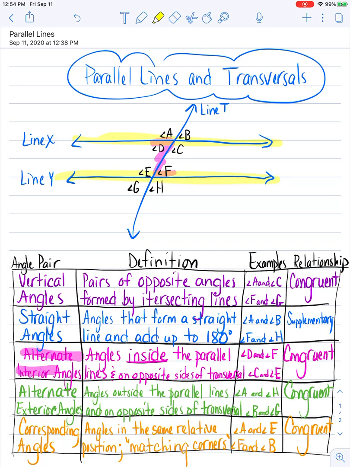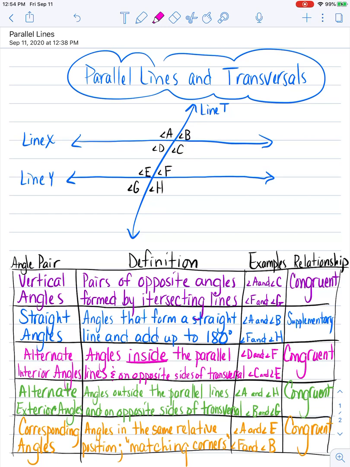You see that? But they're on opposite sides of that transversal. So another pair of examples that they gave us was angle C and angle E. Again, they're both inside the parallel lines, but on opposite sides of the transversal.